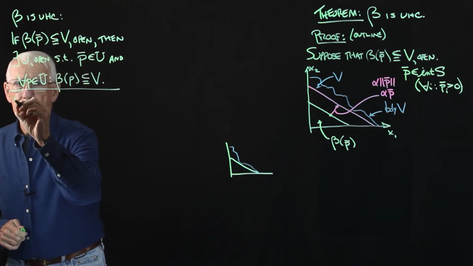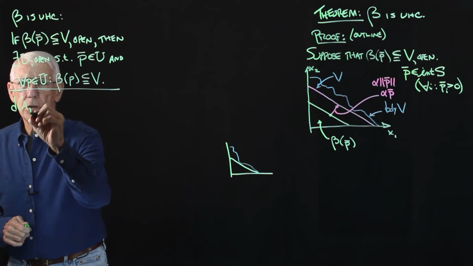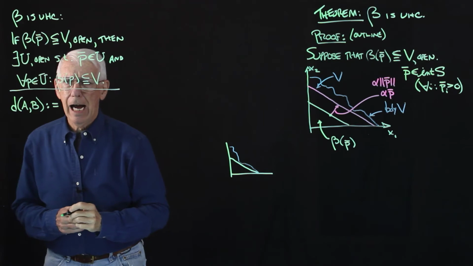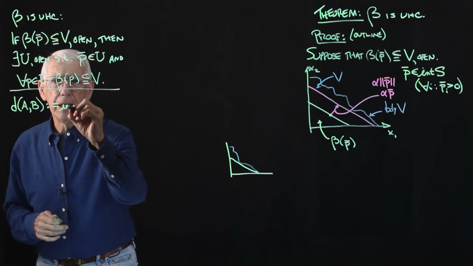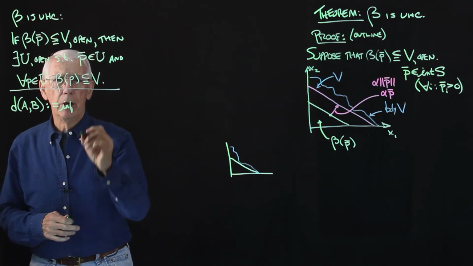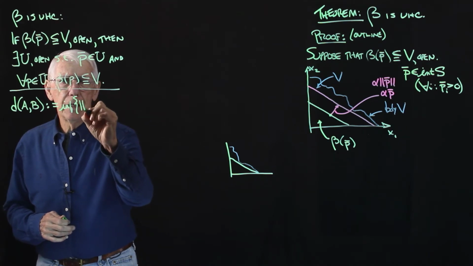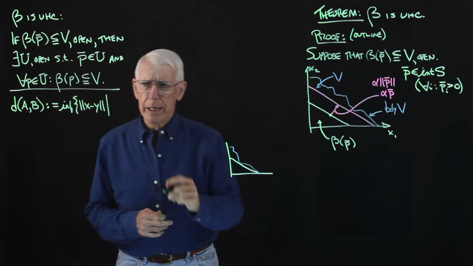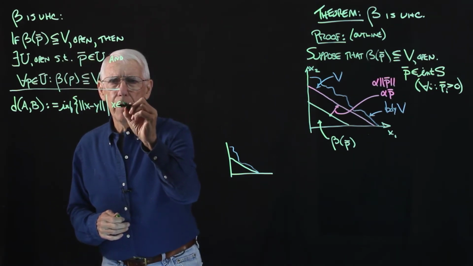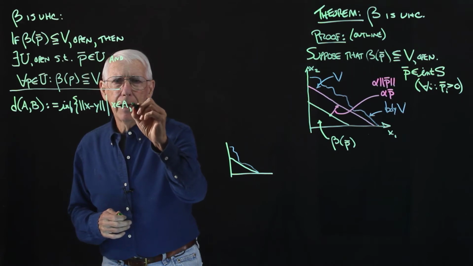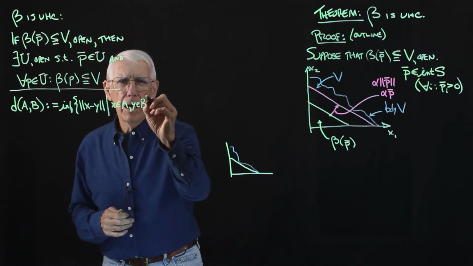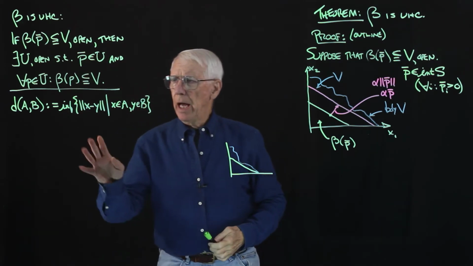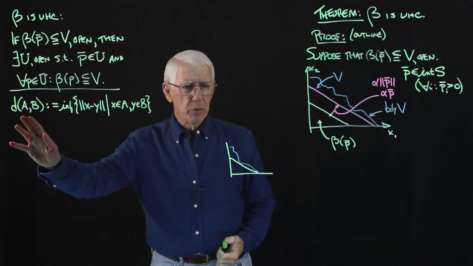We'll say that the distance between 2 sets A and B is defined, and this is a standard definition, as the infimum of the distances between any pair of points drawn from A and B. And so this is the distance between 2 sets.